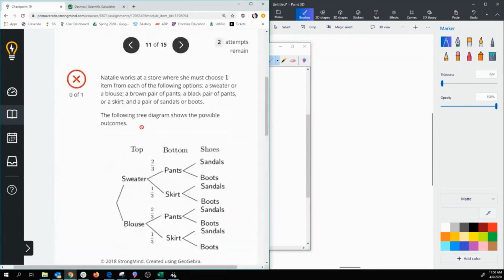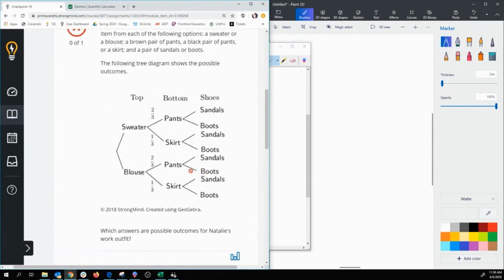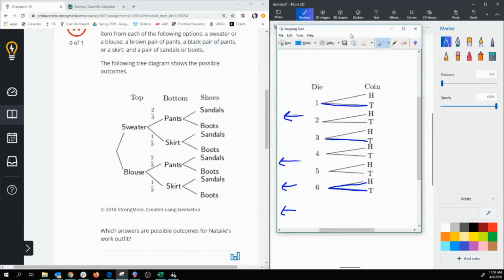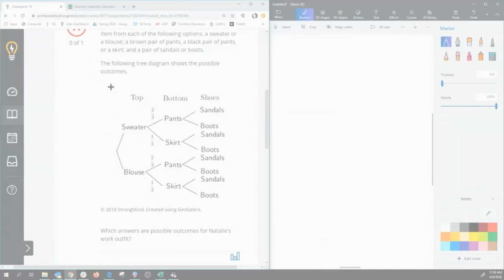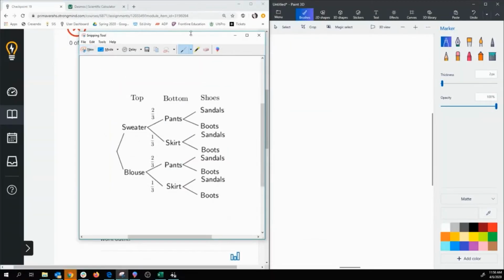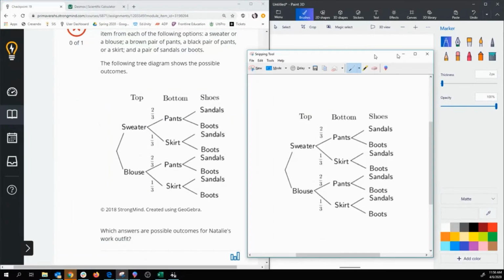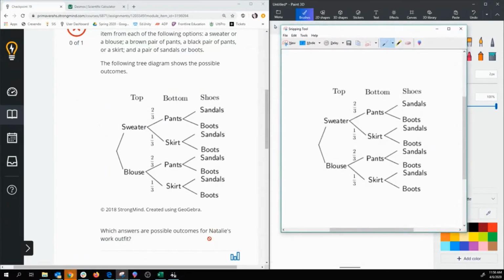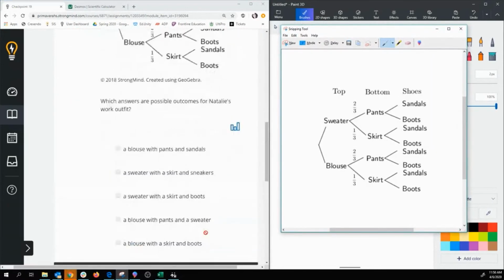Next question. So the next question is using that tree diagram that, didn't we answer one that's just like this? Oh, this is the one. There's 2 of this question.